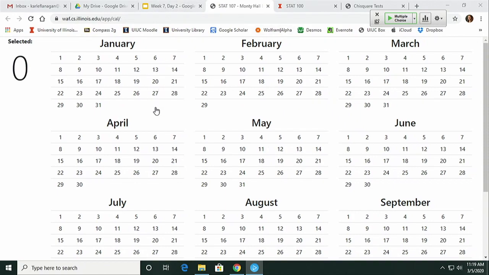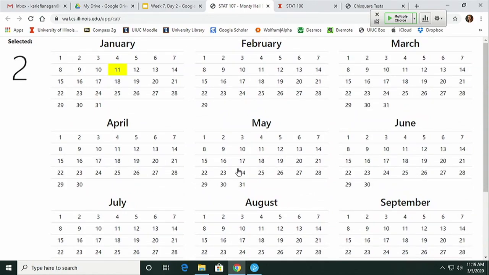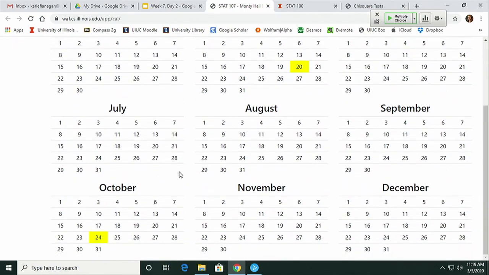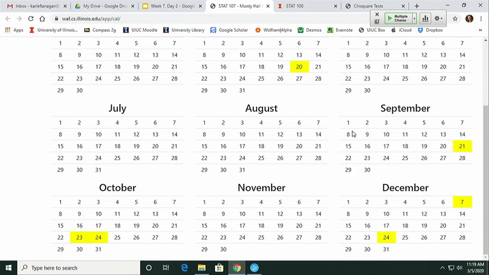Okay, we're going to start with you. What's your birthday? January 11th. October 24th. May 20th. October 23rd. Oh, we're close. We almost got a match. What about you? December 7th. September 21st. March 12th, coming up. December 24th, Christmas Eve. Am I going too fast? Okay. September 10th.